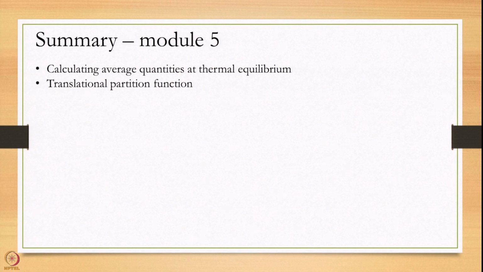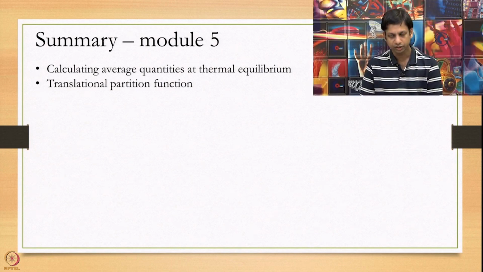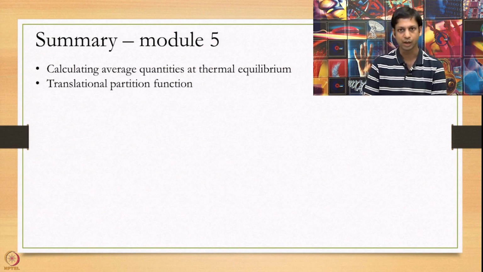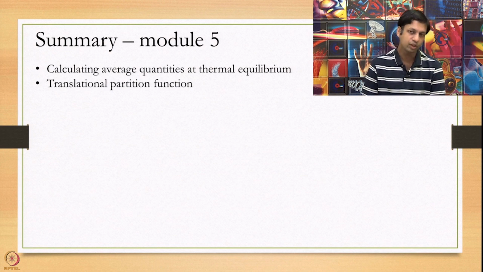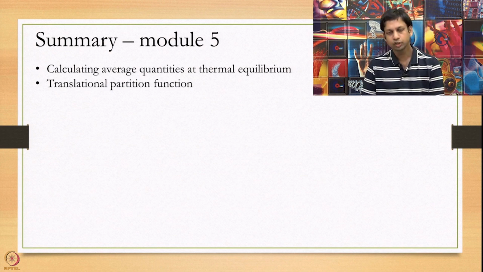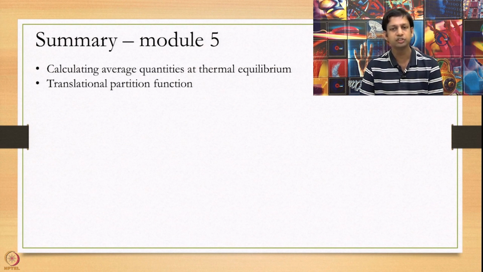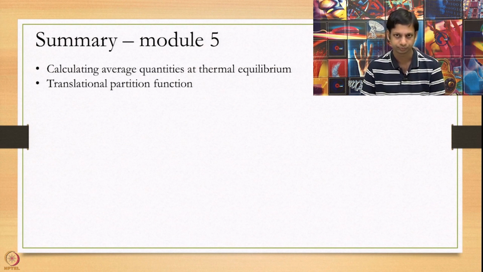So, we will stop here. What we have looked at today in this module is how the equilibrium density matrix comes about from the fundamental equations of motion. We have skipped a few steps in the proof. We do not derive Liouville's theorem completely, but it is to motivate where this density matrix comes about.